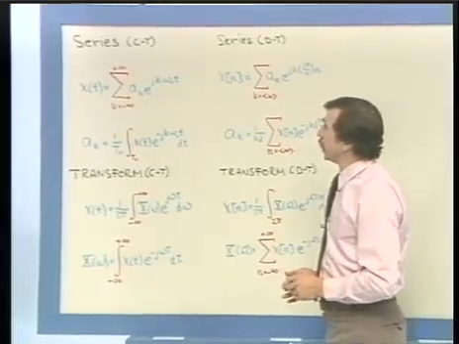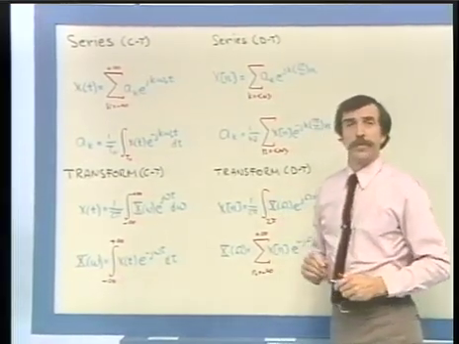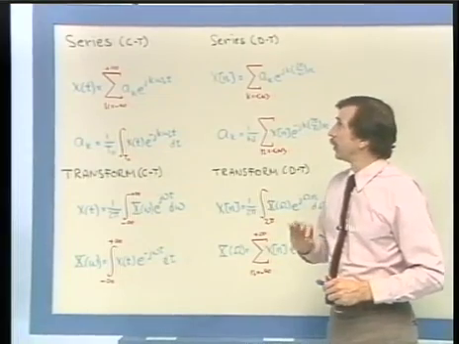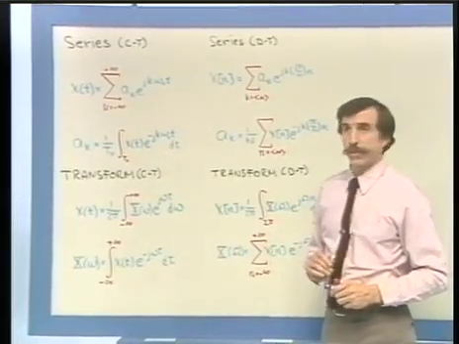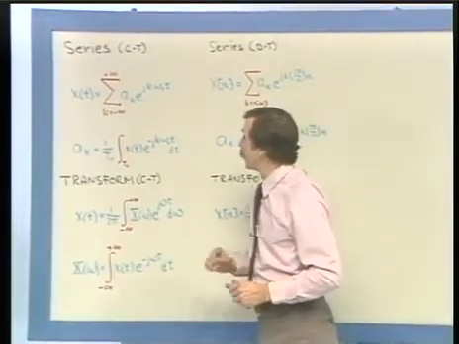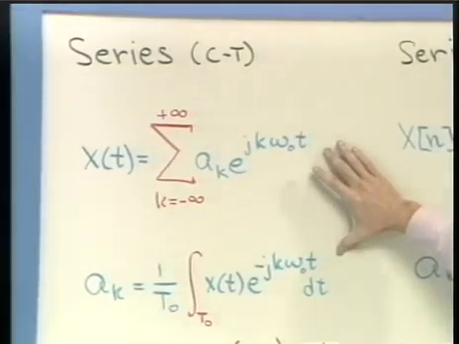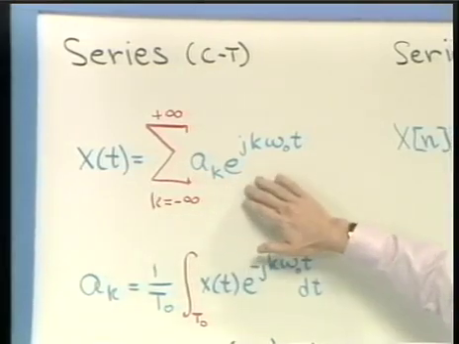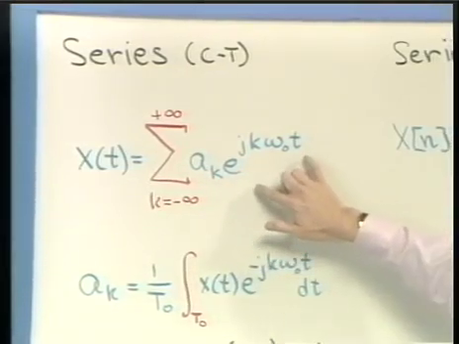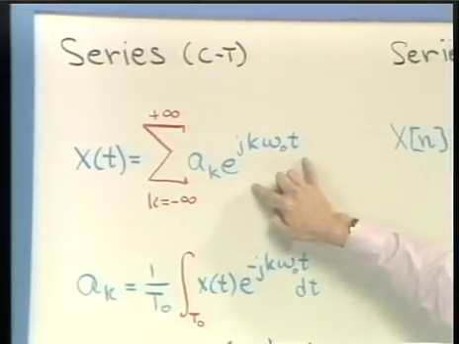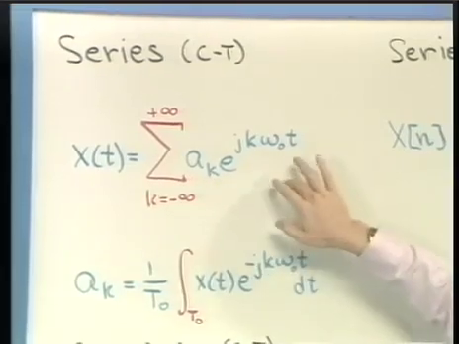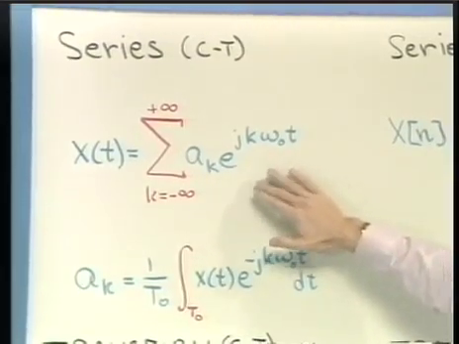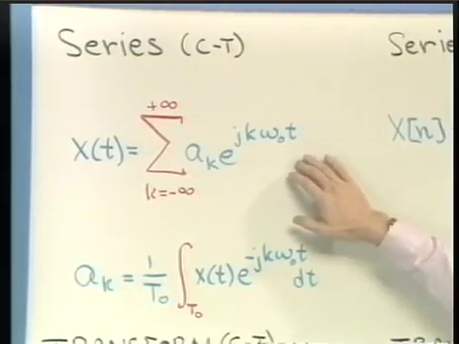Well, let's begin in this summary by first looking at the continuous time Fourier series. In the continuous time Fourier series, we have a periodic time function expanded as a linear combination of harmonically related complex exponentials, and there are an infinite number of these that are required to do the decomposition.